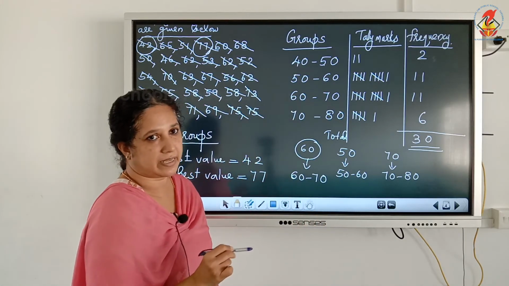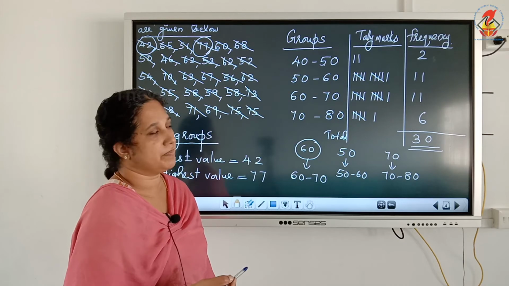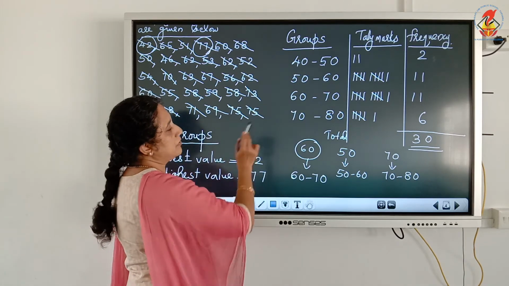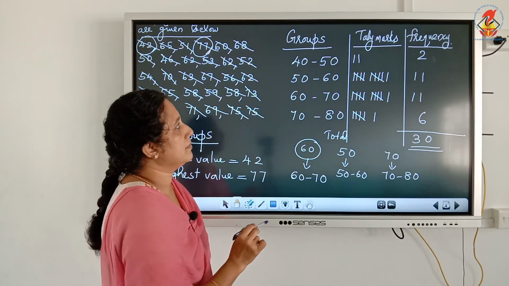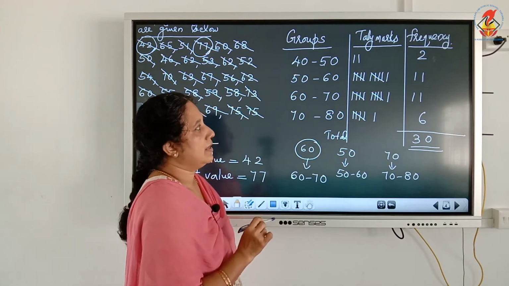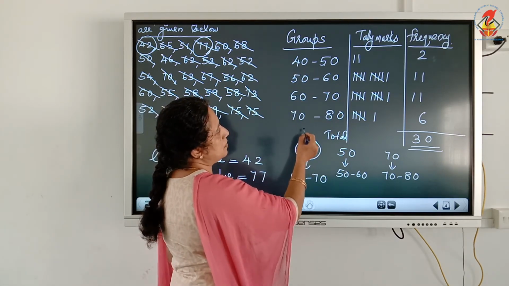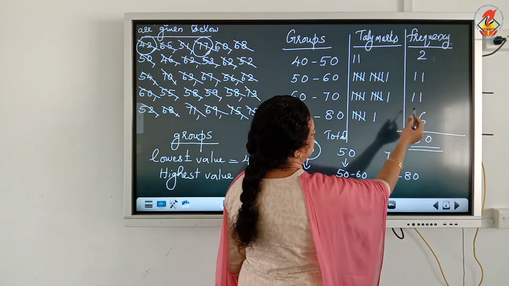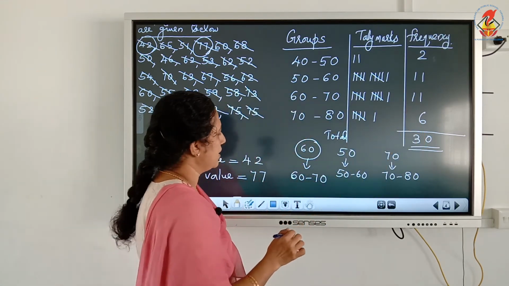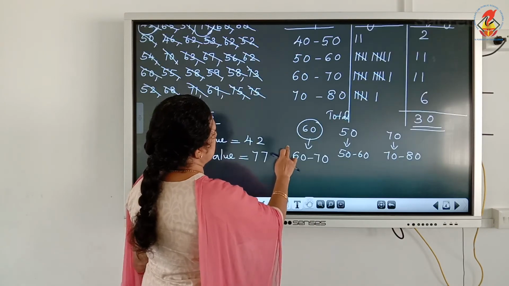So we made the table, we organized the data, we divided the data into different groups and we made the table. The table consists of 3 columns: one is groups, the second is tally marks and the third is frequency. Now look at the groups.